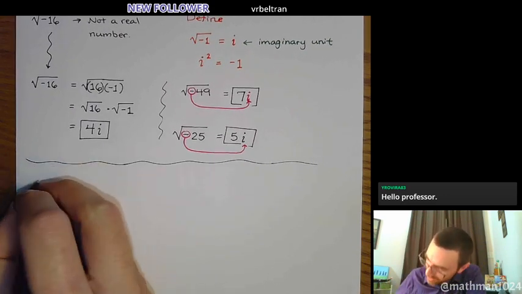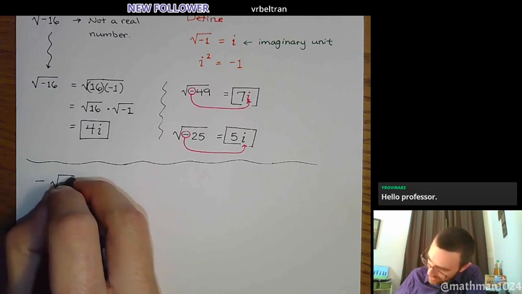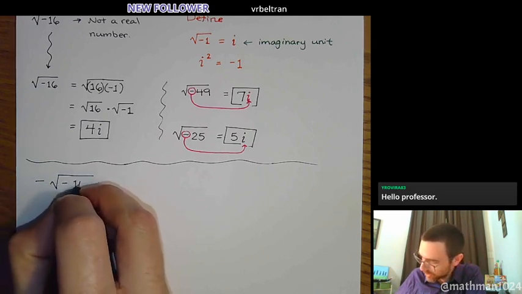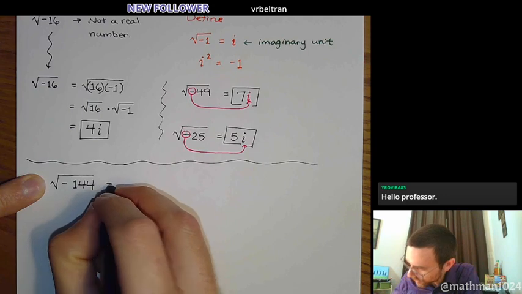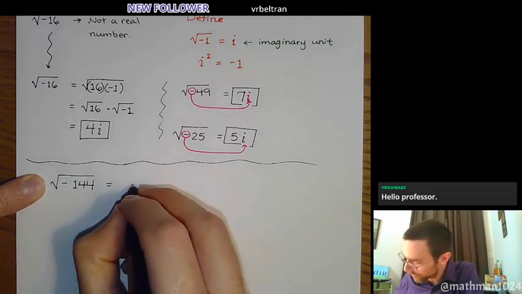Okay, if I do negative the square root of negative 144, we have two negatives here, but you need to make sure you understand that these negatives don't get to see each other. This negative is going to be done once we're done dealing with the square root. So when I deal with the square root, of course, the square root of 144 is 12.